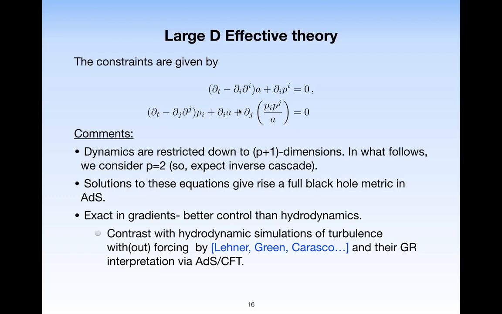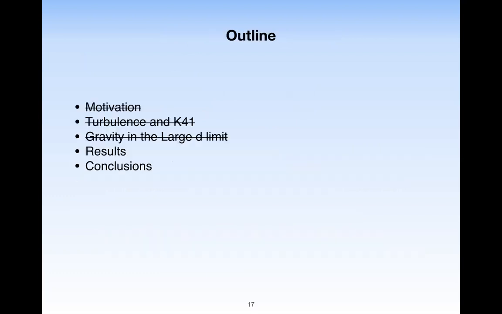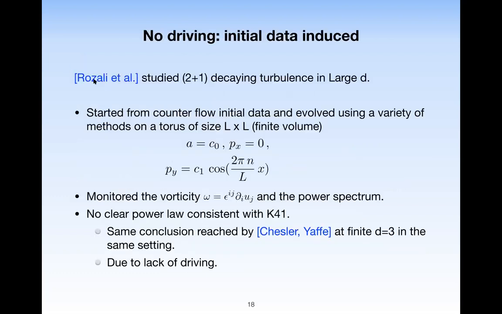Okay, so the first thing to do is to solve these equations with unstable initial conditions. And this is precisely what Rosalie and Jerome and collaborators did. And I think Amos is listening, so if I say something incorrect, please correct me.